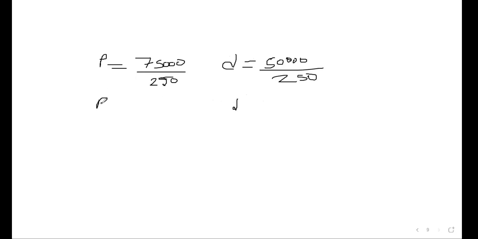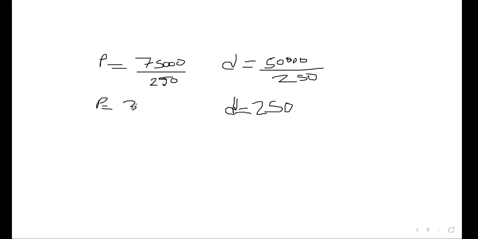So 50,000 divided by 250 is 200 units. So our small d is 200 units. And the other one, 75,000 divided by 250, is 300.